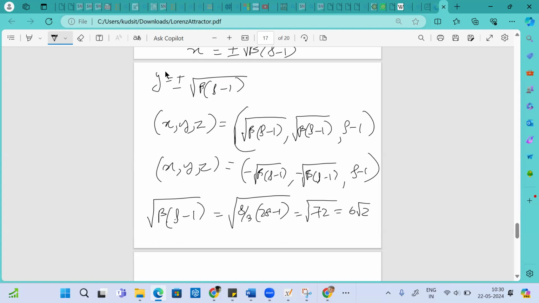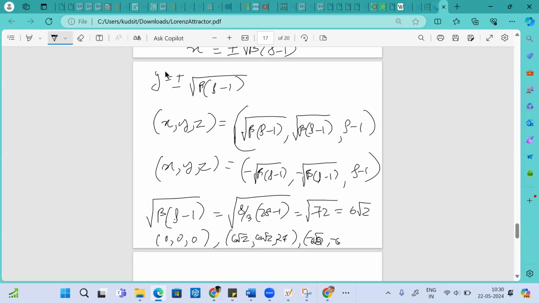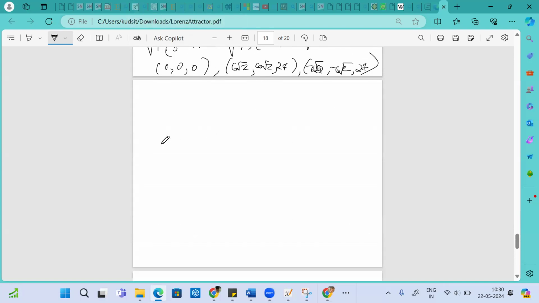So the fixed points are 0, 0, 0, and 6 root 2, 6 root 2, 27, and minus 6 root 2, minus 6 root 2, 27.